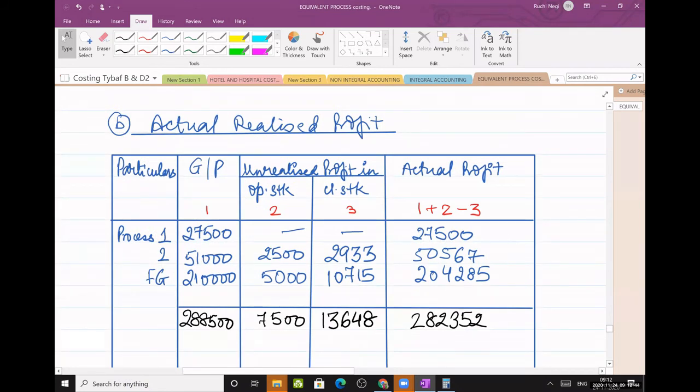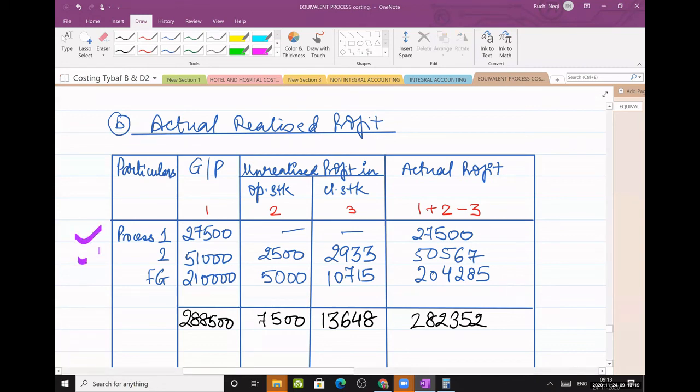Students, if in the exam they ask for unrealized profit in opening stock and closing stock, you should be able to calculate it, because your paper pattern is going to be MCQs. If they ask these minute details, you should be able to calculate them. That is why my format is like this. Along with the actual profit, your unrealized profit and opening and closing stock will also be calculated.